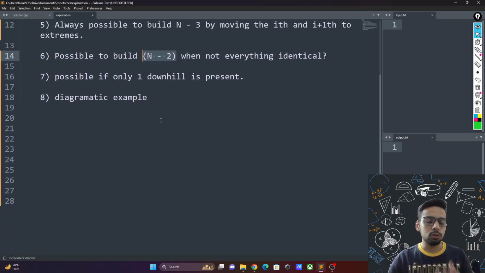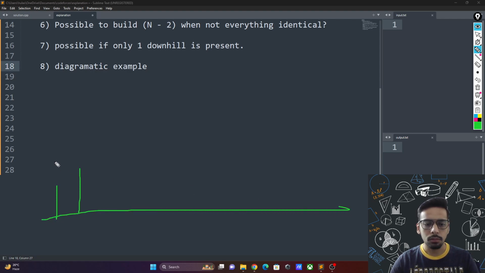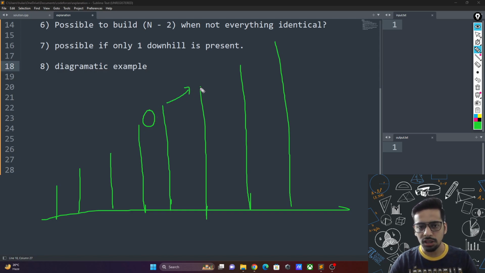Now I'll prove to you that it's always possible to actually build n minus 2 by a diagrammatic example. So after sorting, let's say this is what my hills array looks like. Assume that the minimum delta is between these two. If the minimum delta is between these two, all these movements are uphill.